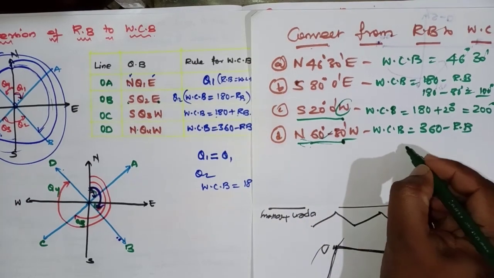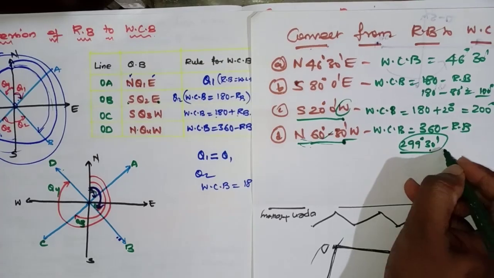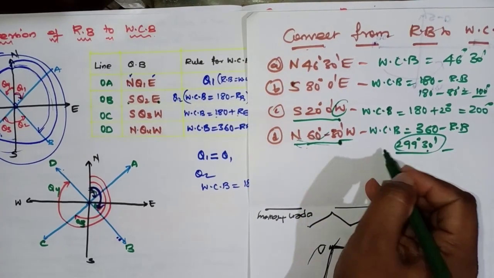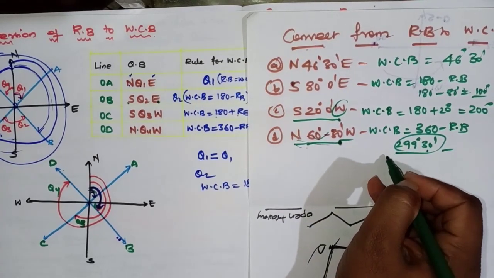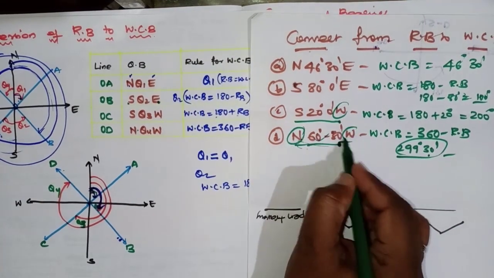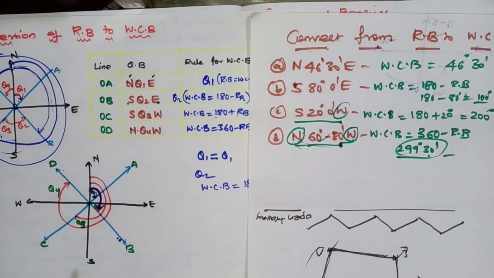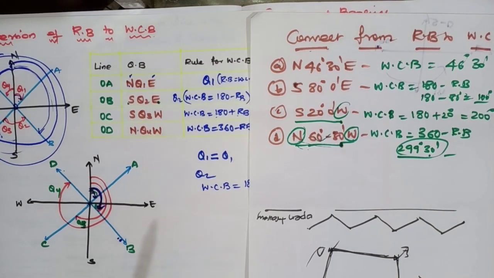Okay, so 299 degrees 30 minutes. So no units, no conversion, no notations like northeast, northwest will be there, because we are converting from the reduced bearing system into the whole circle bearing system. Okay, so these are the problems regarding compass surveying, that is conversion of whole circle bearing system to reduced bearing system, and so on.